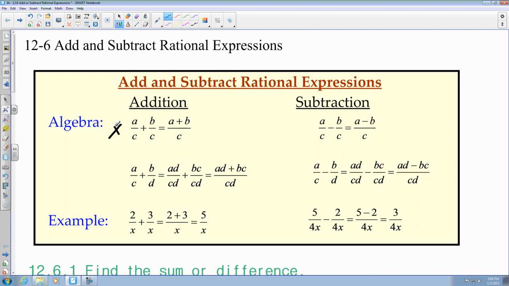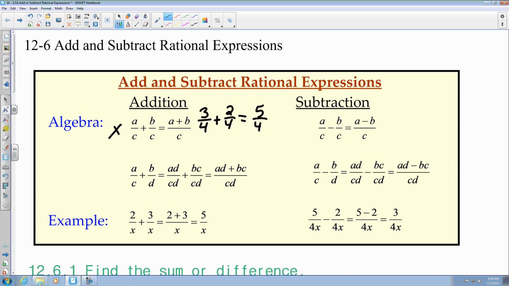It'd almost be like if, for example, you had 3 over 4 plus 2 over 4. It would end up equaling 5 over 4. You didn't change the denominator in any case.